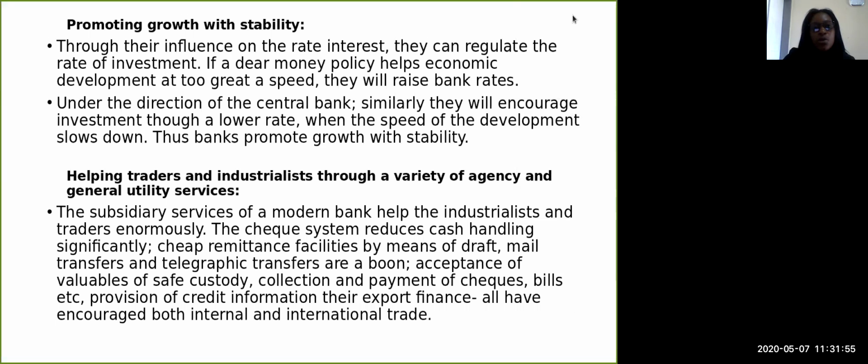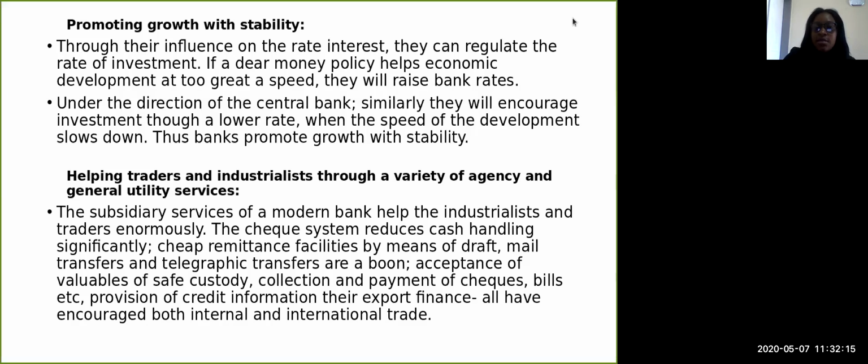The next one we'll look at is helping traders and industrialists through a variety of agency and general utility services. So the subsidiary services of a modern bank help the industrialists and traders enormously.